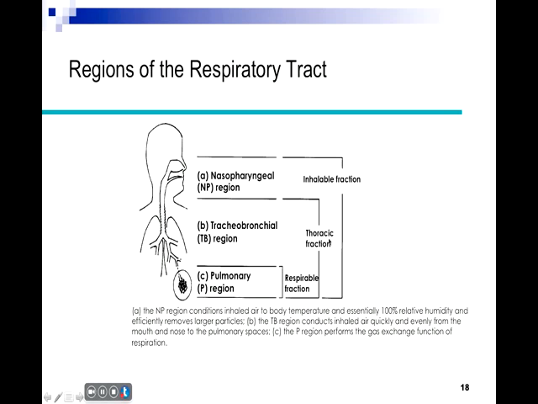If we have a thoracic fraction, we're dealing with particle sizes that are able to make it to the tracheobronchial region and the pulmonary region. And if we're taking an inhalable sample, or the inhalable fraction, these are any particle sizes that can get inside of the respiratory tract.